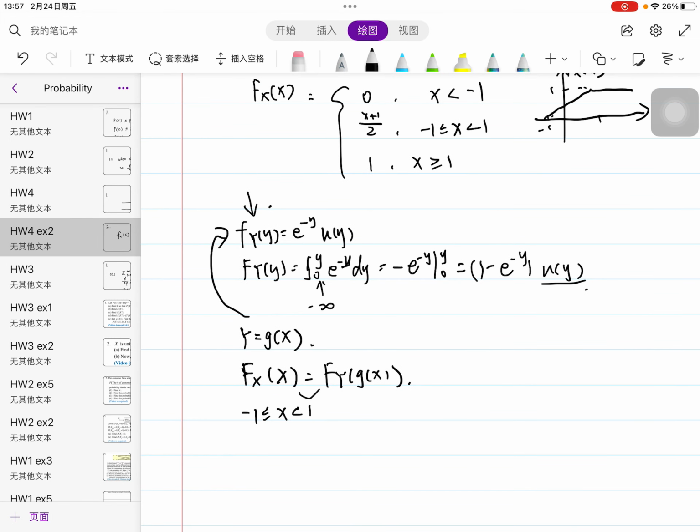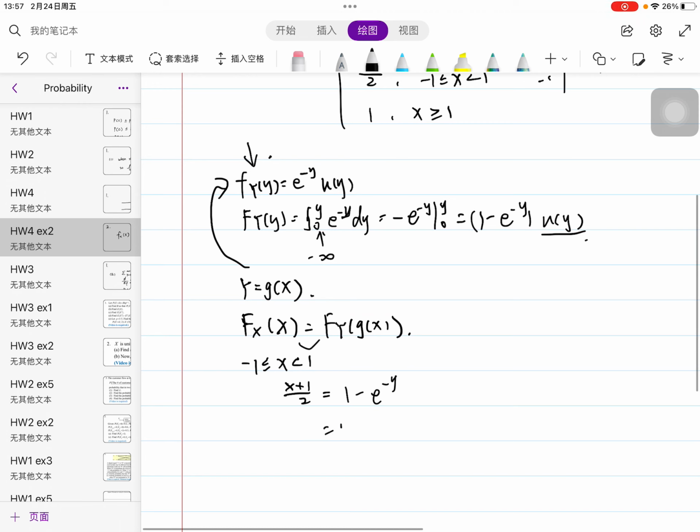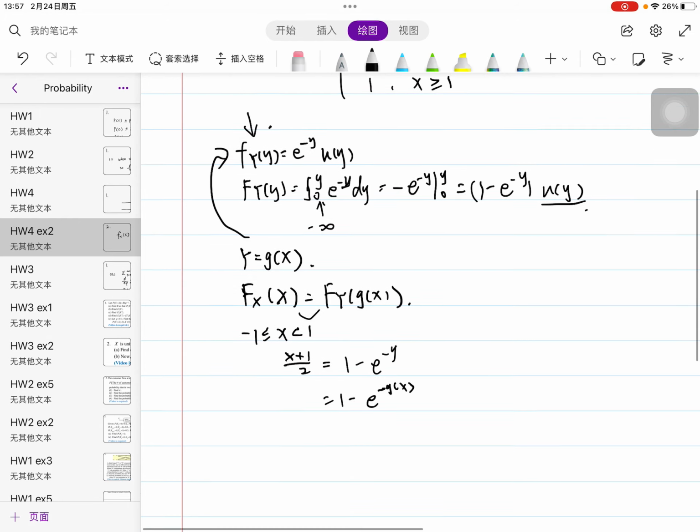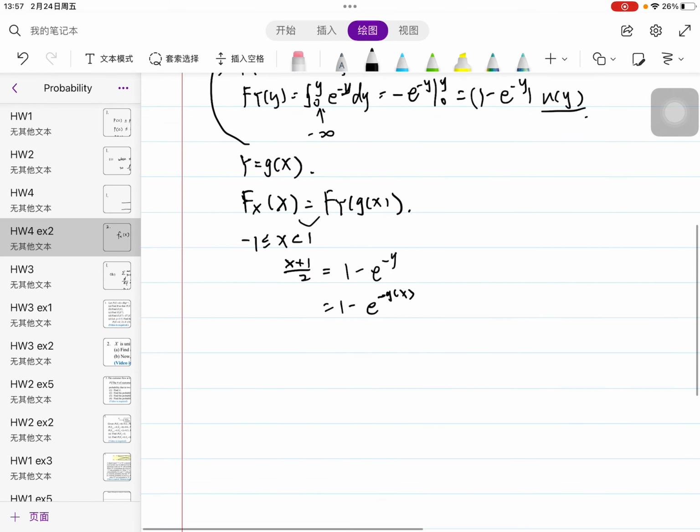The distribution function of x is equal to (x plus 1)/2, and equals the distribution function of random variable y here, so that is 1 minus e to the power of -y. And we could just simply solve this equation here.